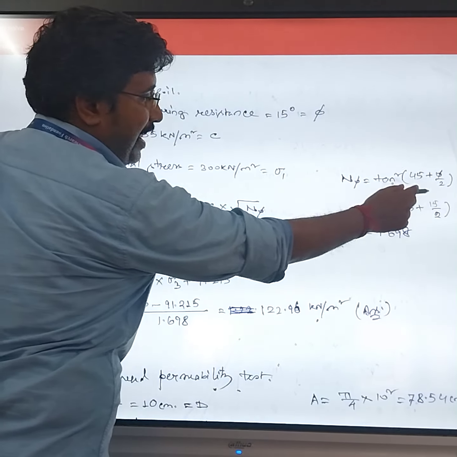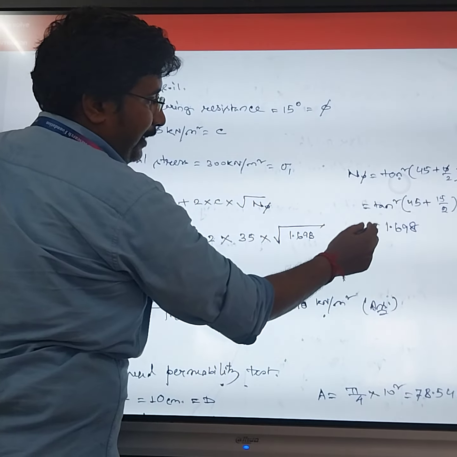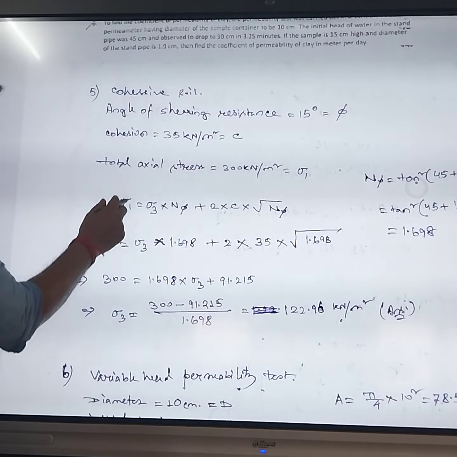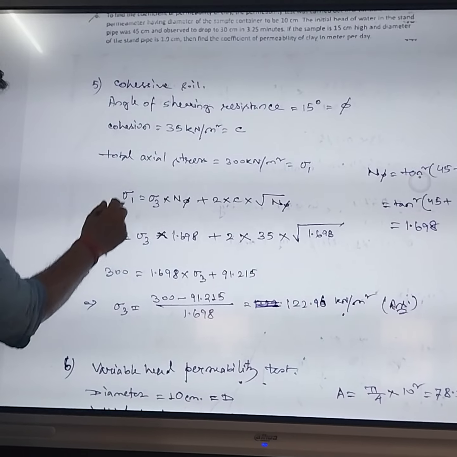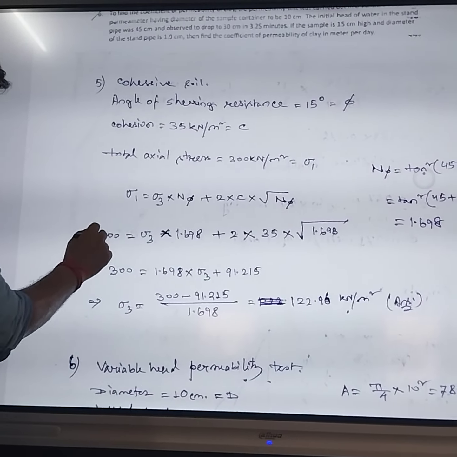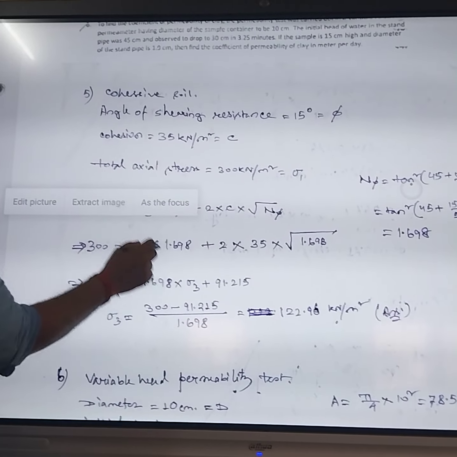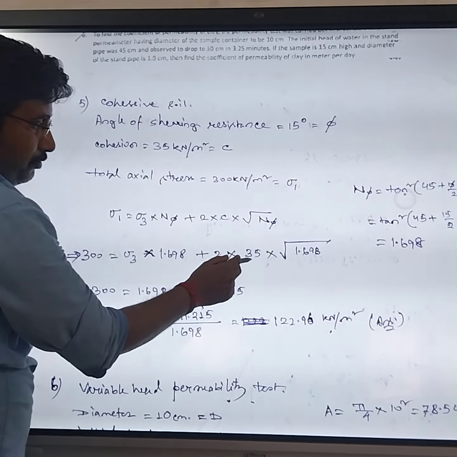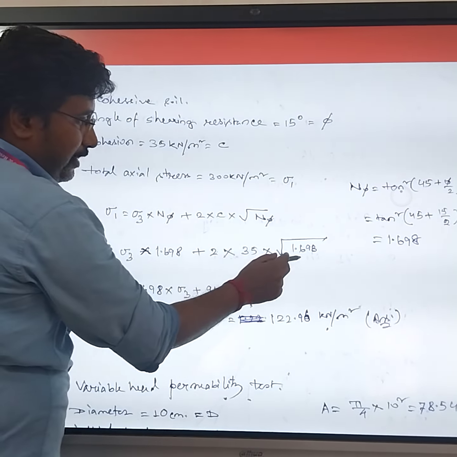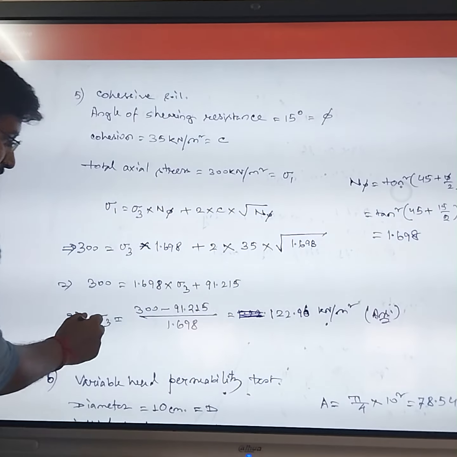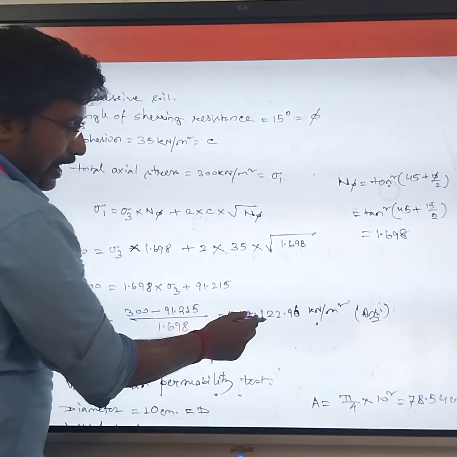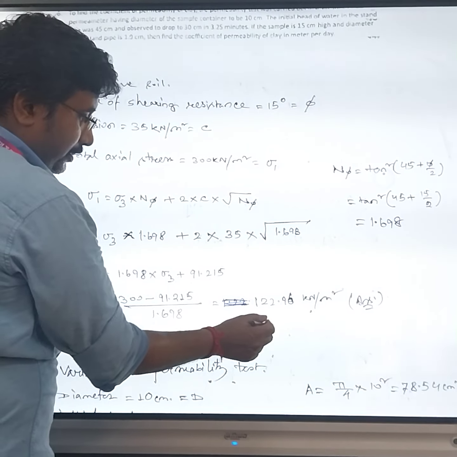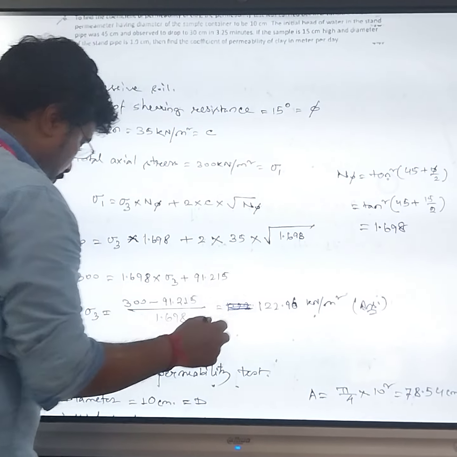Putting the value of phi equals 15, we get N phi equals 1.698. So from this formula, putting sigma 1 equals 300, N phi equals 1.698, C equals 35, and again N phi equals 1.698, we get sigma 3 equals 122.96 kilonewton per meter square, which is the answer of this question.